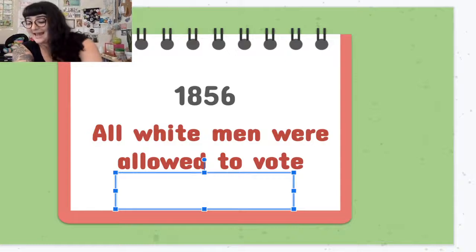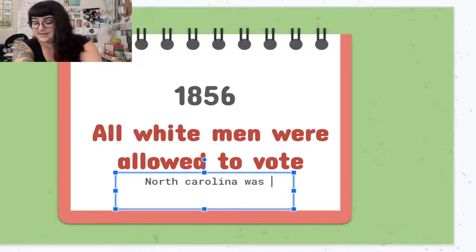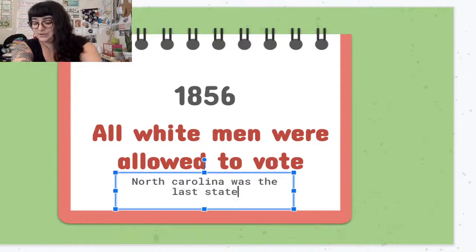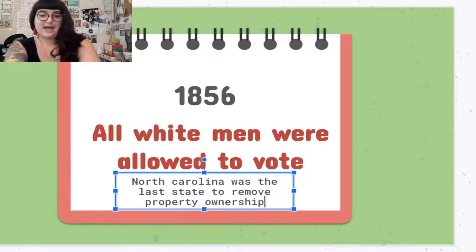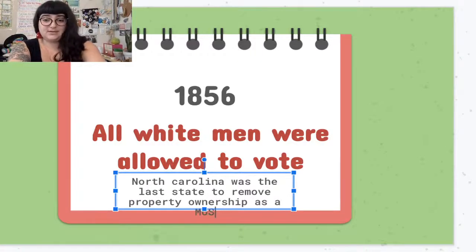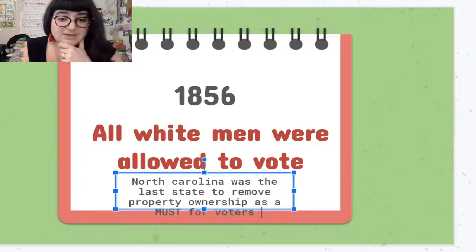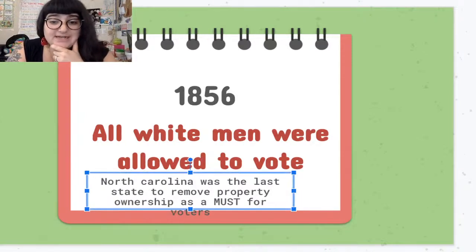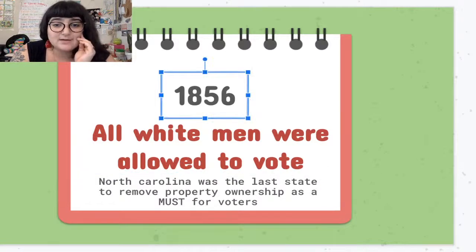So in 1856, North Carolina was the last state to remove property ownership as a requirement for voters. That means that if you were a white person who didn't own property, you weren't allowed to vote until when? 1856.